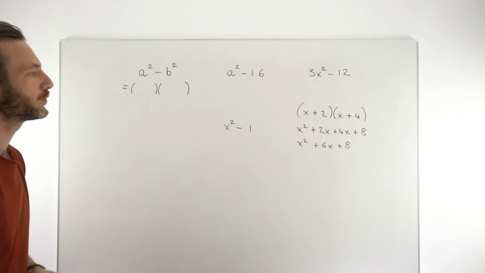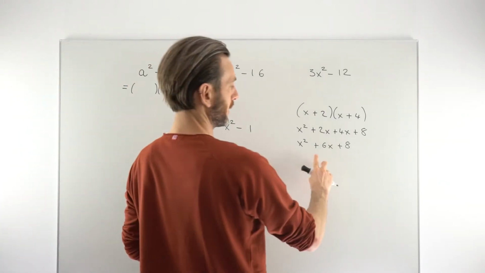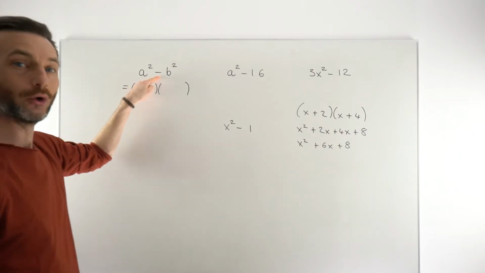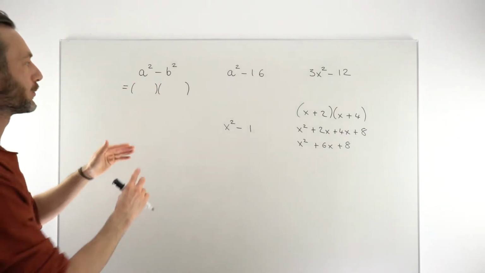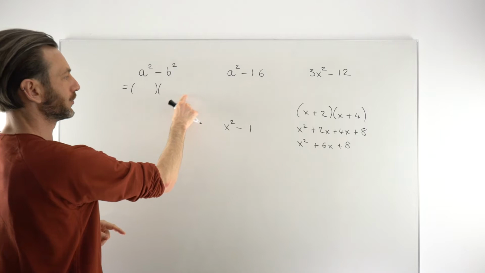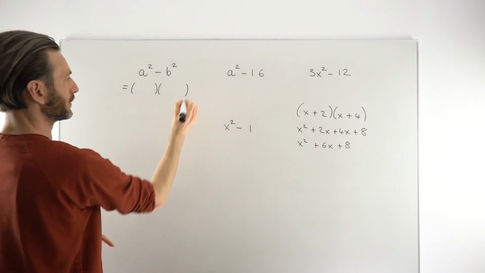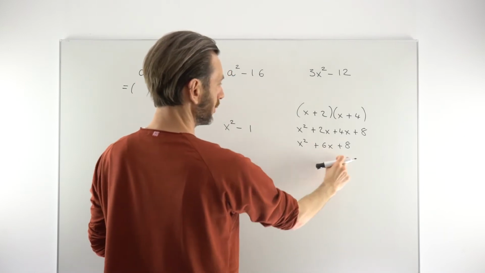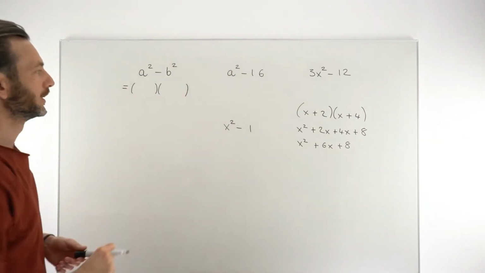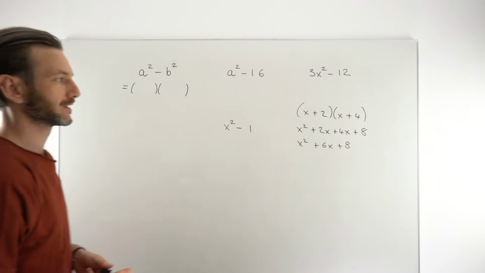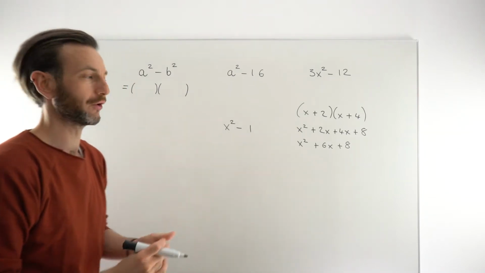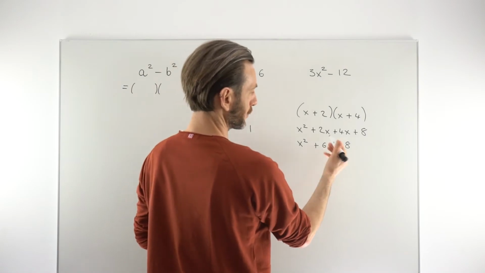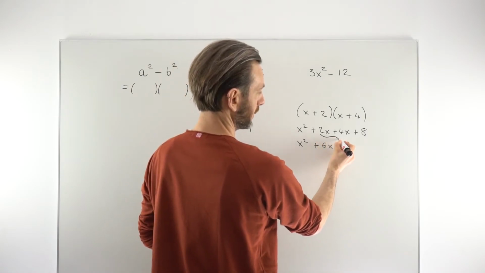Once you've multiplied those brackets out, you end up with 3 terms. But notice that this one only has 2 terms. So somehow the format of the brackets has got to allow for the fact that when we multiply it out, we don't get 3 terms like a trinomial, but only 2 terms. The only way that can happen is if some of the terms cancel each other out. We ended up with a 6x here, which was a combination of these two.